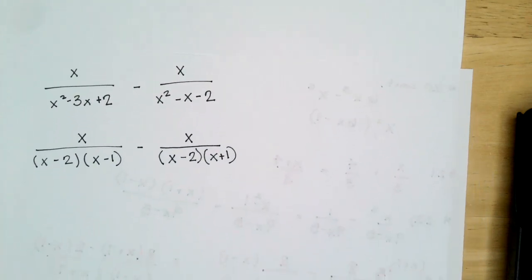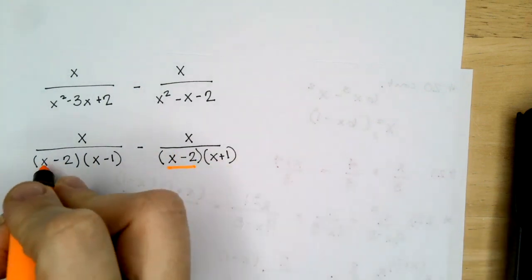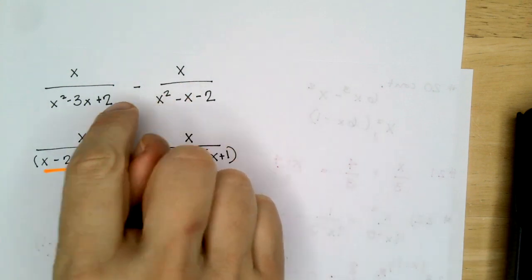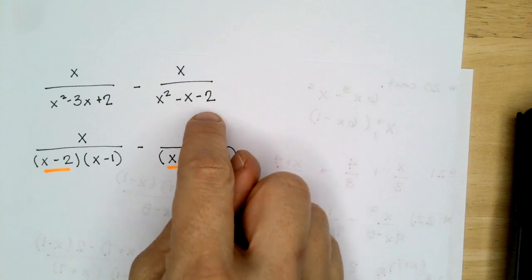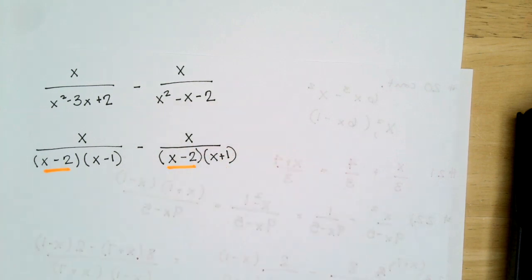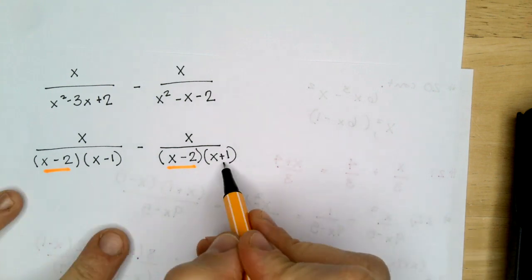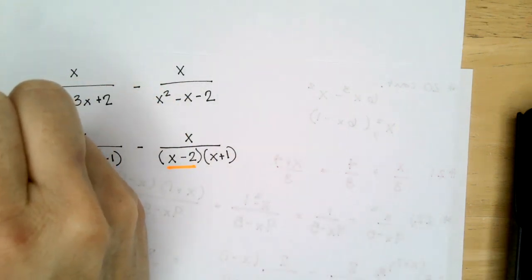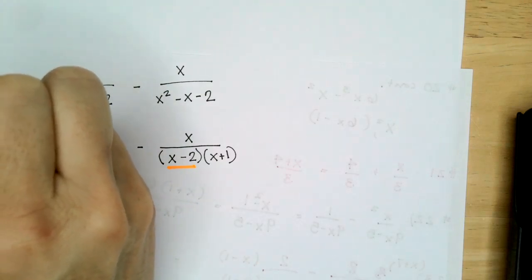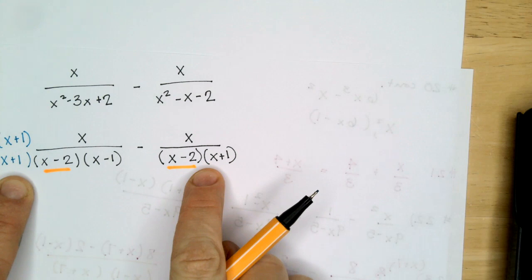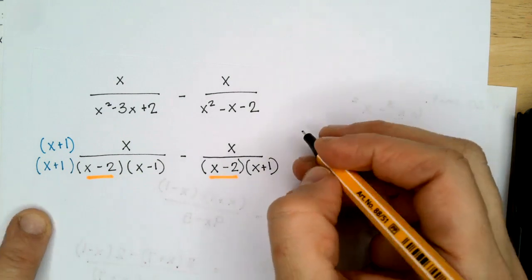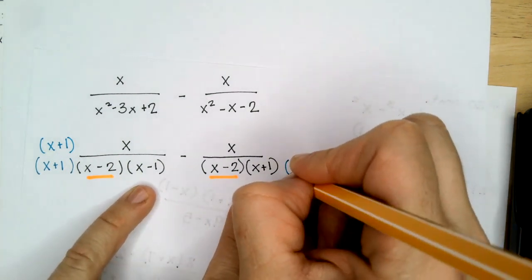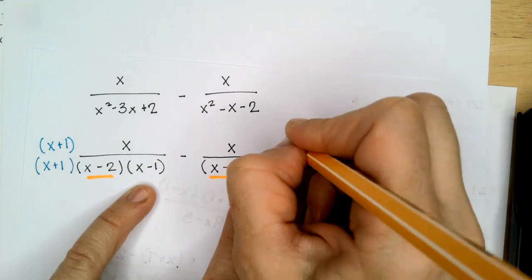Good? Okay, now you'll see that you have a partially common denominator. So instead of multiplying (x squared minus 3x plus 2) times (x squared minus x minus 2), we're just going to multiply by x plus 1. When I have it by x plus 1, then I will have all three of these. My common denominator will be these three factored binomials, okay? Here, I'm only going to multiply by x minus 1.